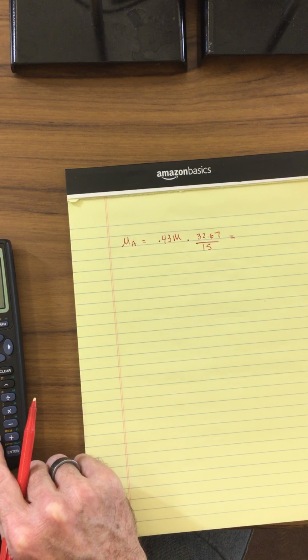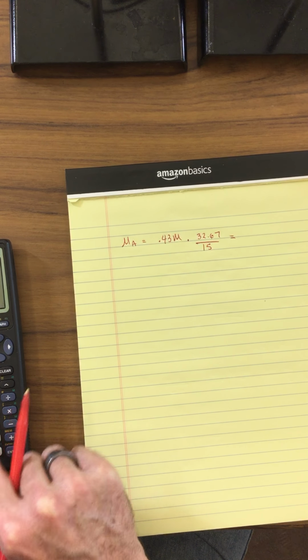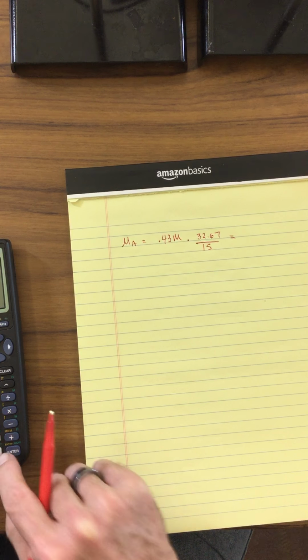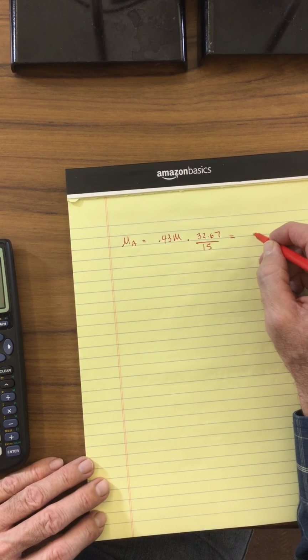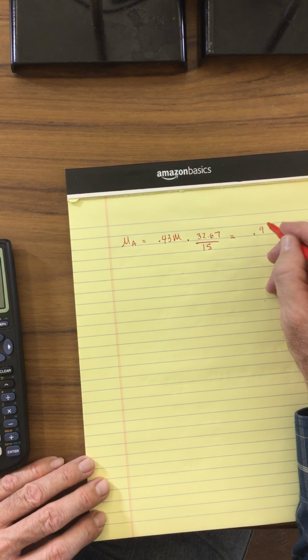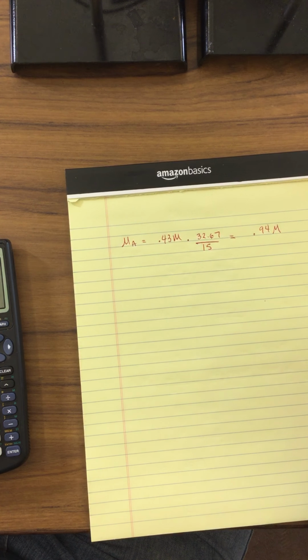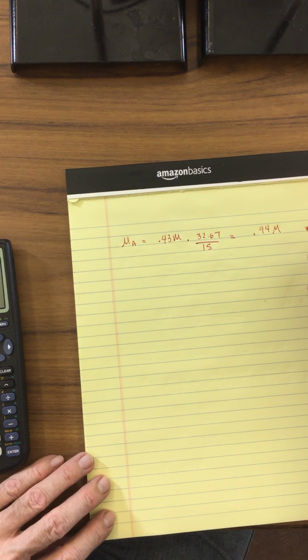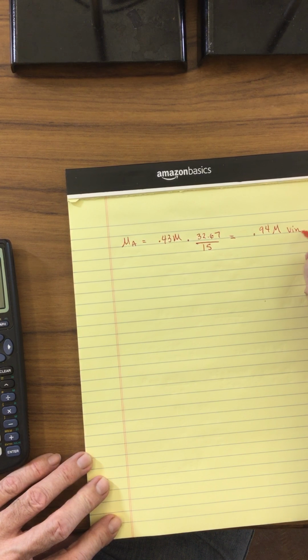So I'm going to take 0.43 times 32.67 divided by 15. This gives me 0.93654, so 0.94 molar. This is the concentration of my vinegar.